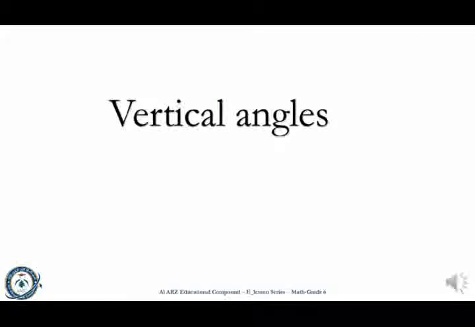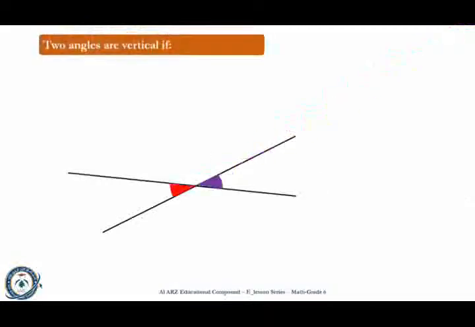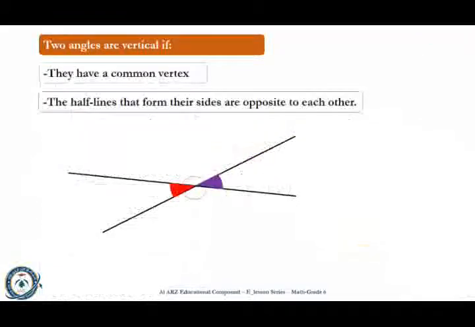Now let's learn the definition of vertical angles. Given two intersecting lines, xy and zt, these two lines intersect at O. We've said before that there are 4 angles in this figure, and we have 4 pairs of adjacent angles.